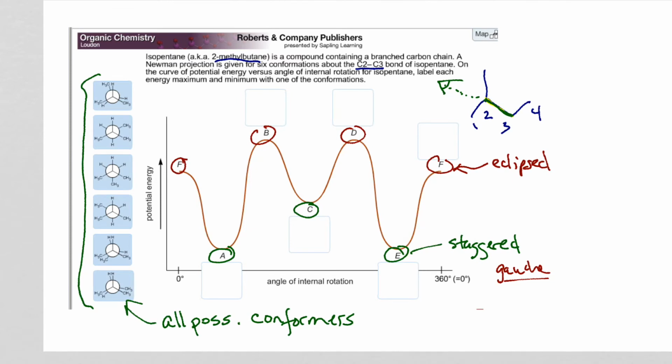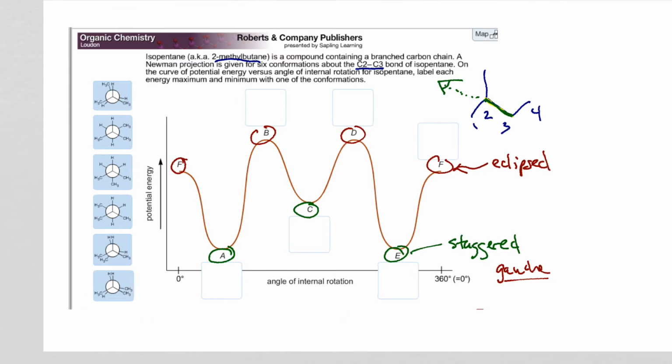with hydrogens. So if you imagine building a model of this, if you look at all the different conformers, what you can see is they basically took the front carbon and kept it in the same orientation. So that's this carbon, or the 2 carbon. They kept it in the same orientation, and then this back carbon, 3, basically they rotated it.